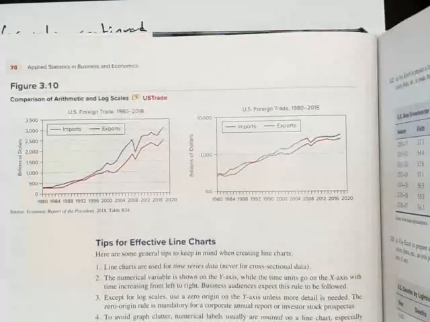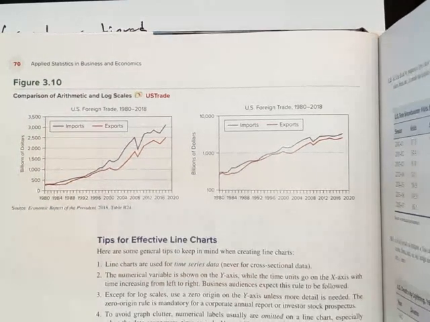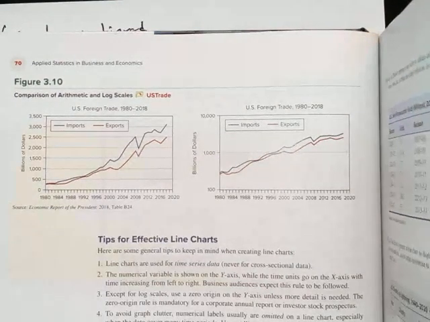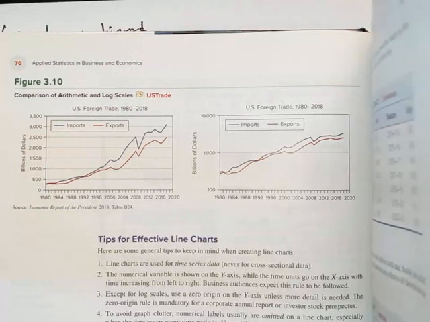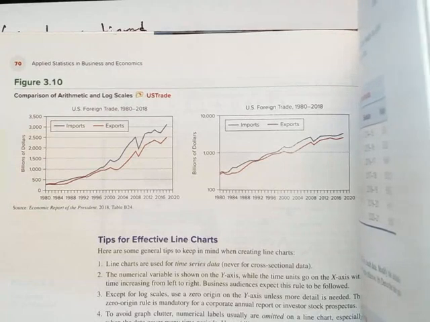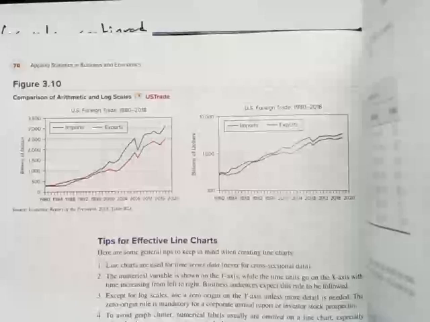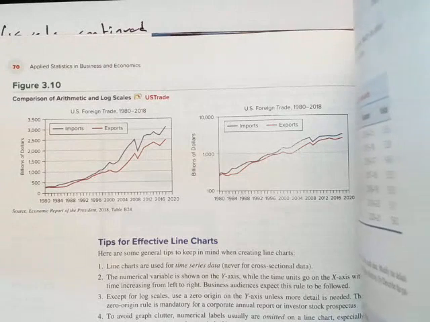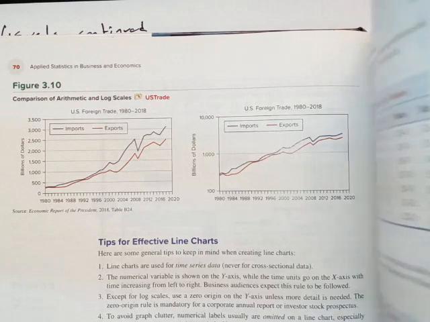Here are two different line charts that are related. Page 70. Across the bottom, we have 1980 to the present on both sides, the same. Look at the y-axis on the left. Each mark is 500.